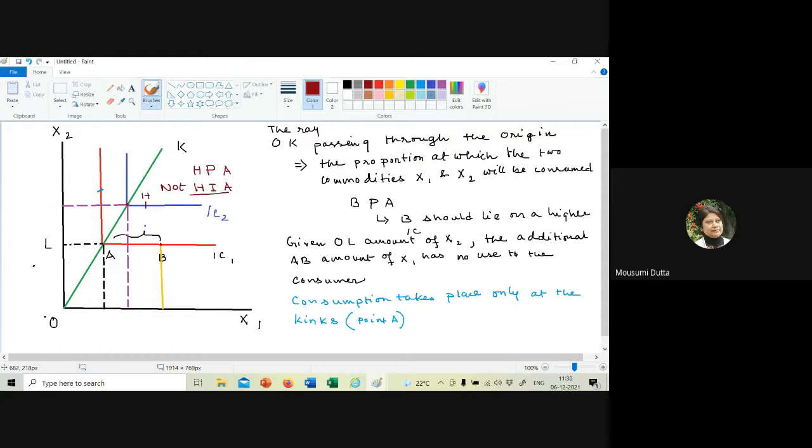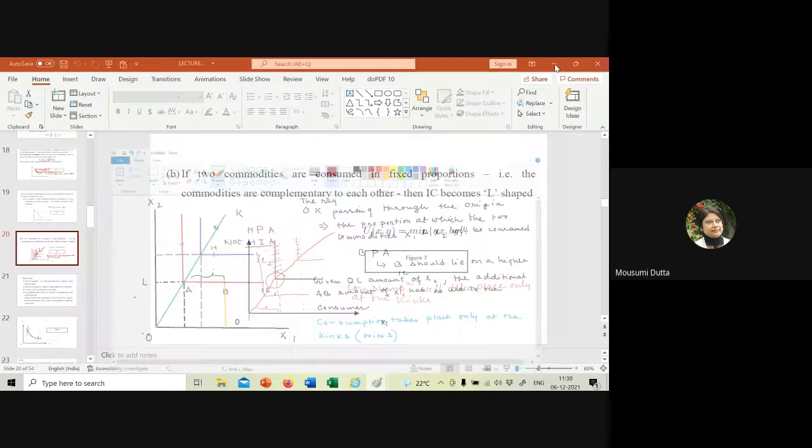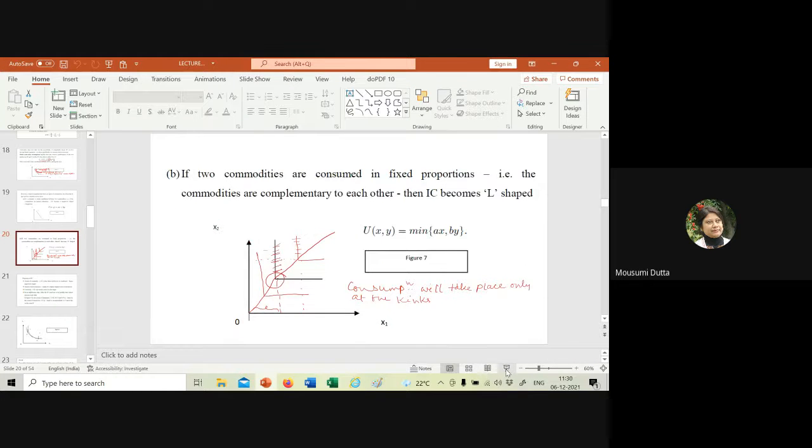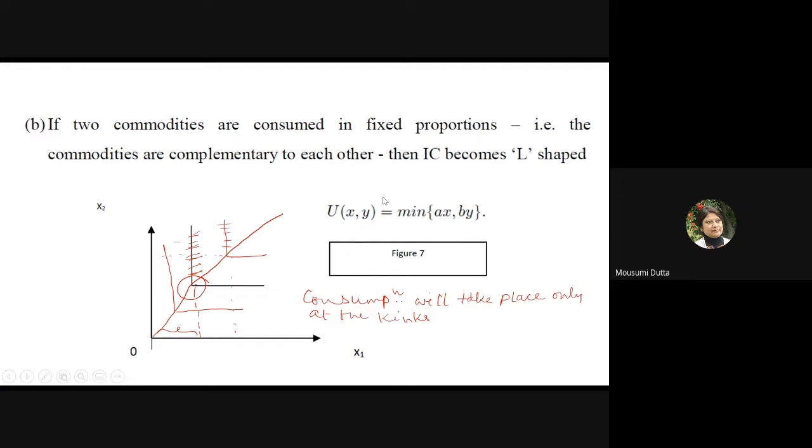Any other question? For the rectangular indifference curve, any other question? So this is presenting the consumption of the complementary goods. So in reality, sometimes the indifference curve will be like this, and it will be presented by the equation u of x, y is equal to minimum of ax comma by.